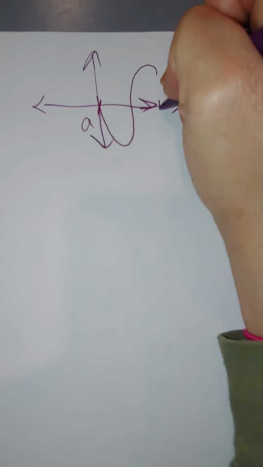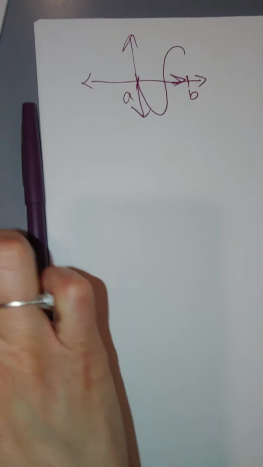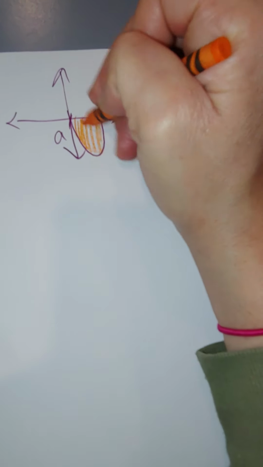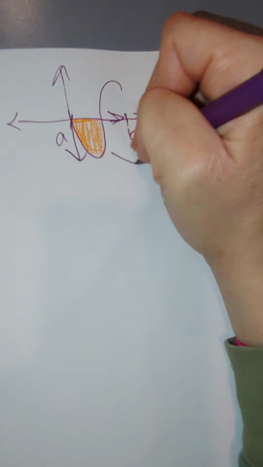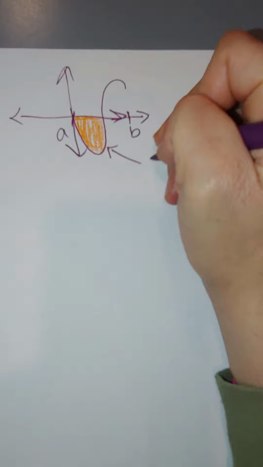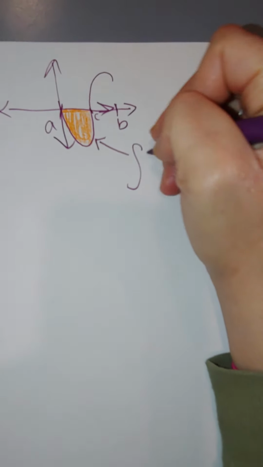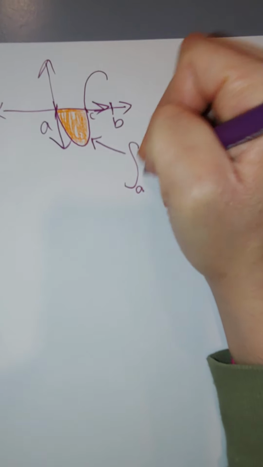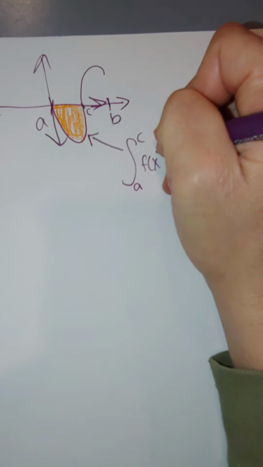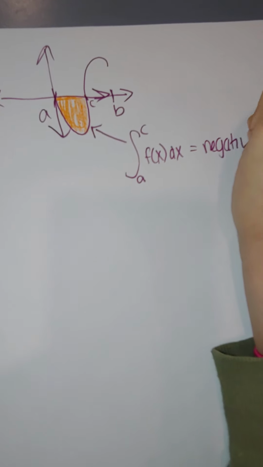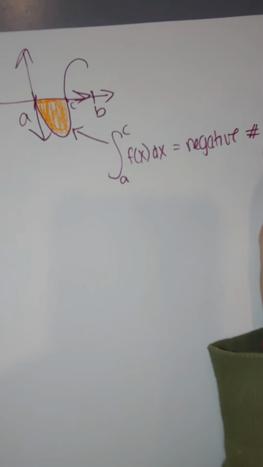Okay, the last scenario is when you have a function that is above and below. So this one's tricky because if you look from here to here, if I took the integral, we'll call this point C, from A to C, we're going to get a negative number.